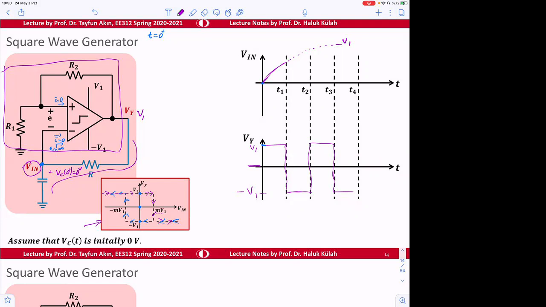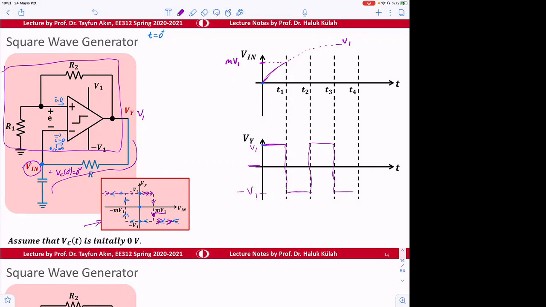And the capacitor reaching that means this voltage is trying to increase. So Vn is increasing, but there's going to be a change when the capacitor reaches MV1. So this value of MV1 is the point where after this, the signal will switch to minus V1.